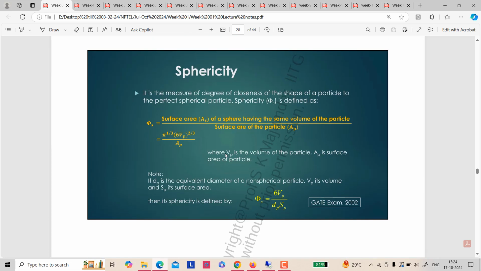The definition of sphericity is very important. Sphericity is the surface area of a sphere having the same volume as the particle, divided by the surface area of the particle. So we have the sphere and the particle and its equivalent volume sphere. That means the sphere and the particle have the same volume.